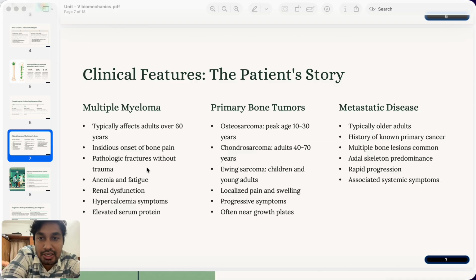So with metastatic disease, even if we treat it and eradicate it completely, there might be a tiny occurrence in the near future, and we will not know why that is happening, but it usually happens in 1 to 5% of people. Then multiple bone lesions are very common in these cases, with axial skeletal predominance.